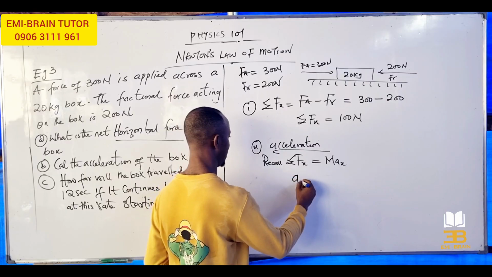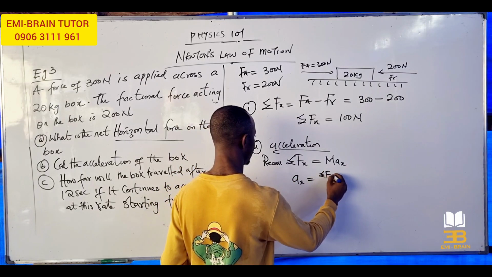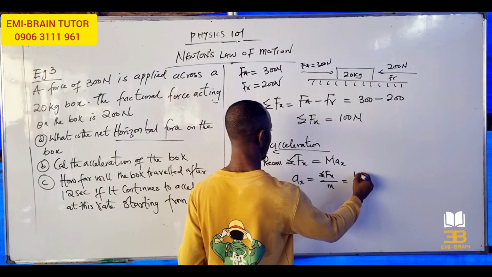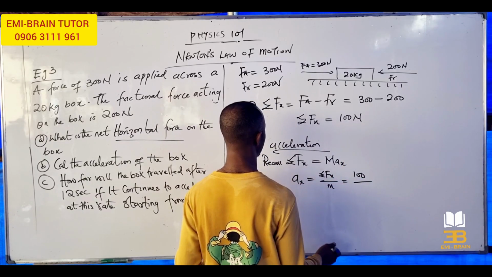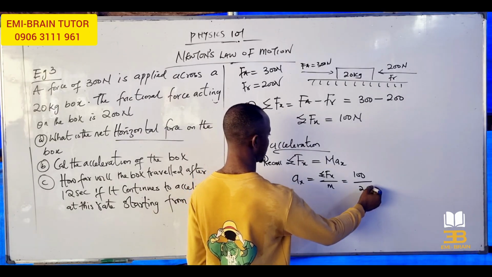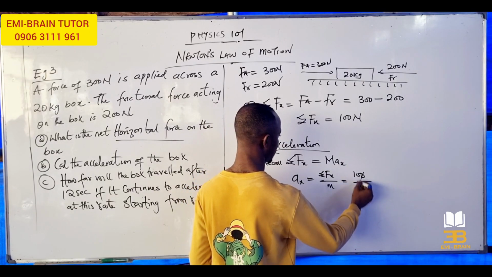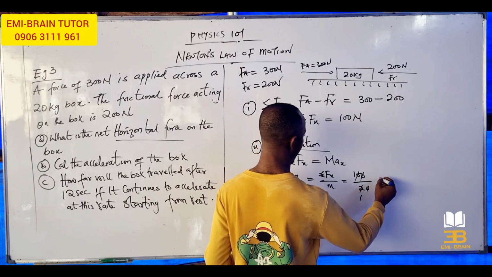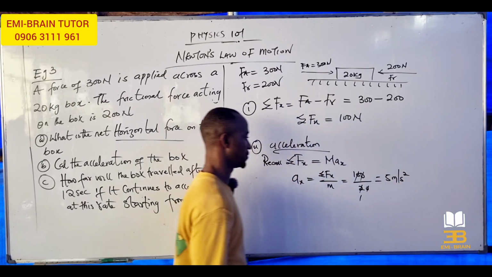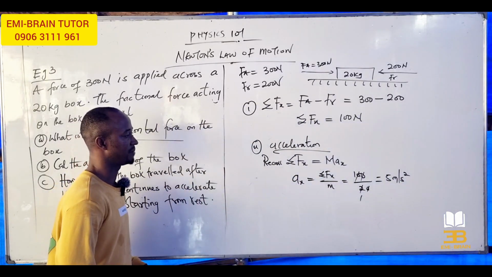So it means that my a_x equals the sum of all forces over mass. The sum of all forces we got is 100 Newton. The mass of the body is 20 kilograms. So 100 divided by 20 will give us 5 meters per second squared. So my acceleration is 5 meters per second squared.